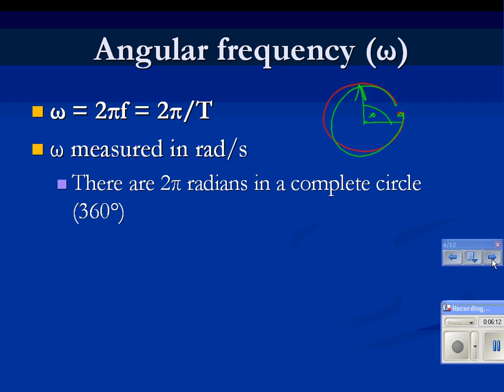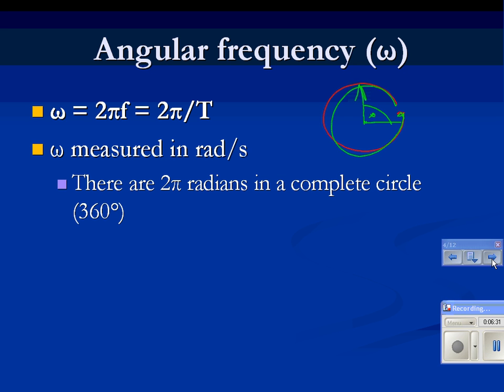Rather than distance versus time, I can look at it as an angle versus time. You with me? That would be angular velocity or angular frequency, okay? I could say its angular velocity is 90 degrees per second, or 180 degrees per second, or 360 degrees per second. You with me? Okay.